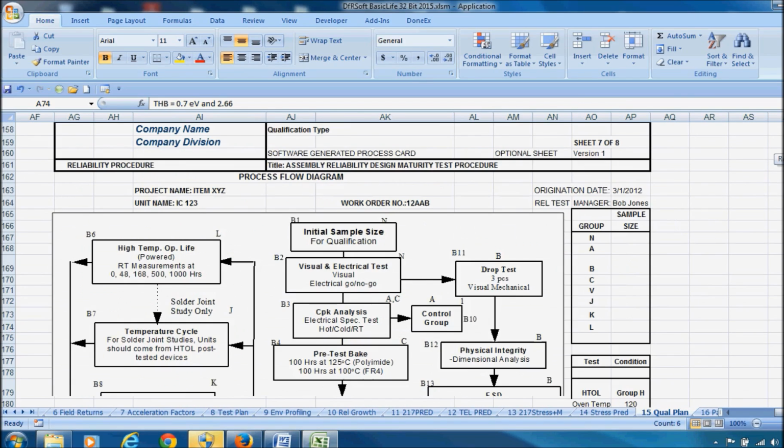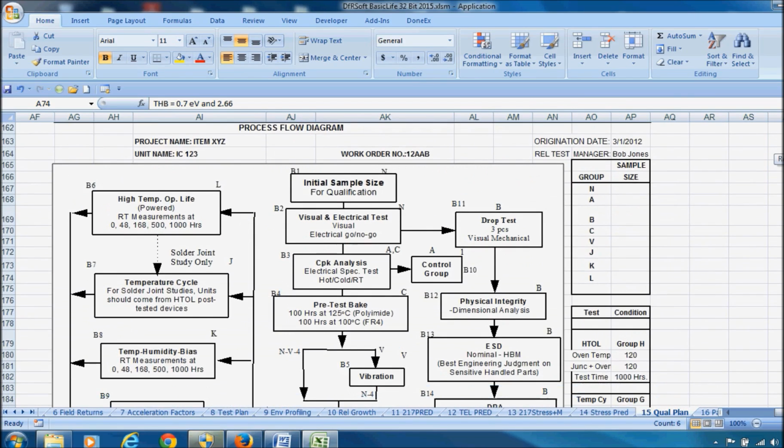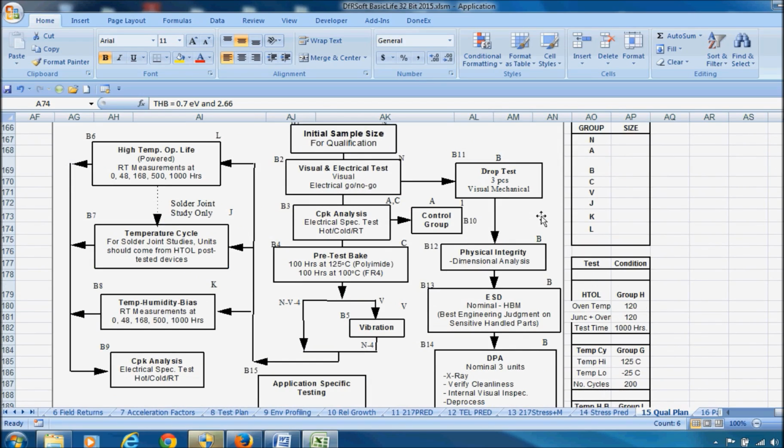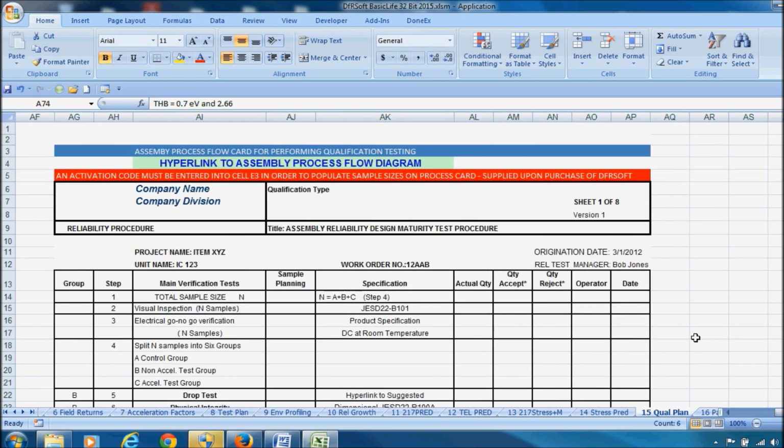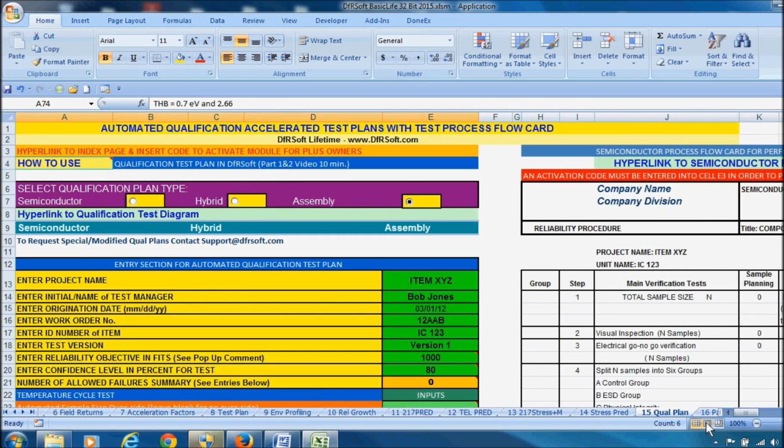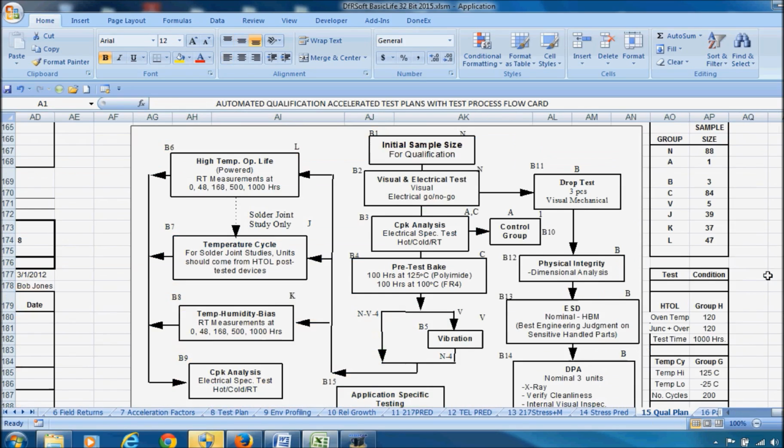That's here. There's a test plan for hybrids. And notice the groups are provided for that. Okay, I had to activate something, but I just did that.